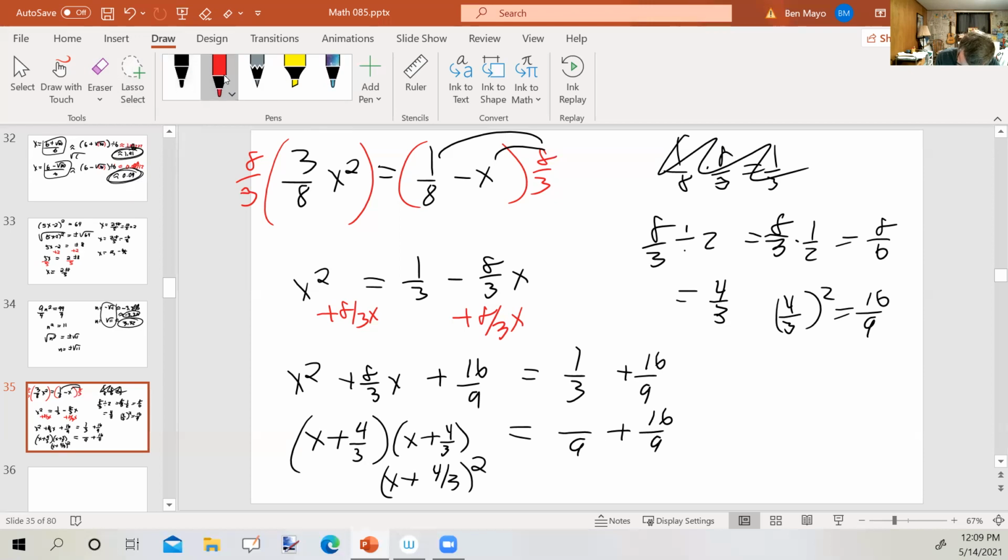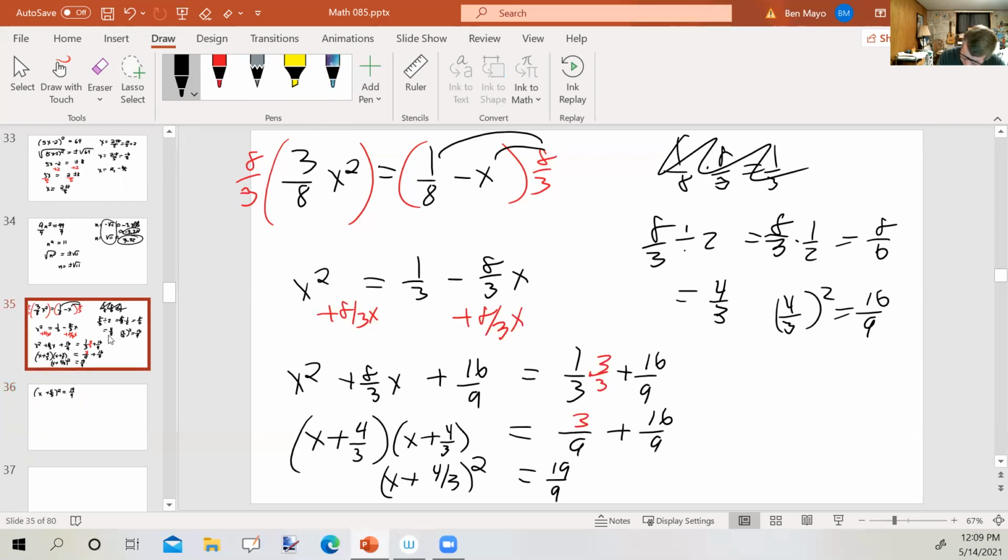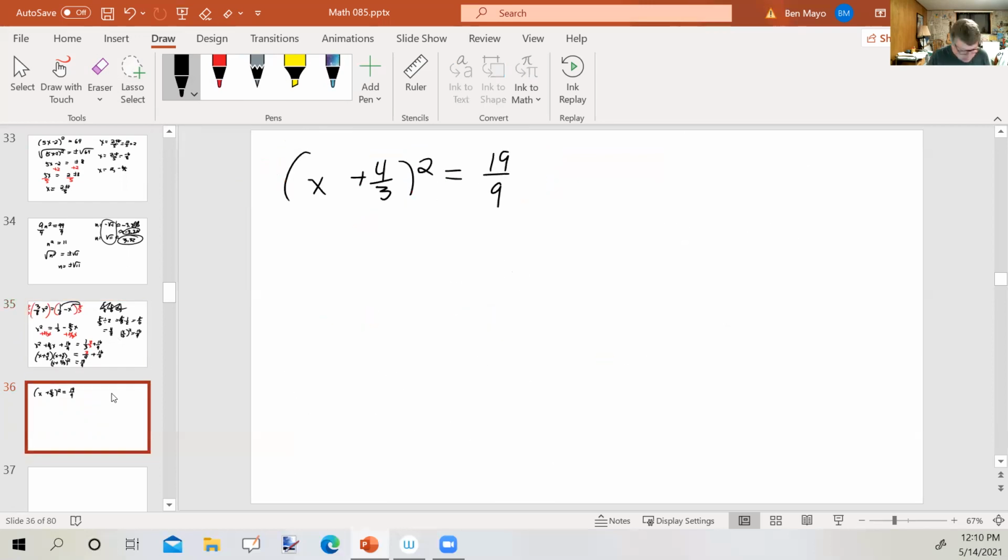So I'm going to multiply 1/3 by 3/3, which gives me 3/9 plus 16/9, which would be 19/9. So now I've got my square completed on the left and a constant on the right. I'm going to rewrite that on the next page. X plus 4/3, the quantity squared, equals 19/9. Is that correct? I think so. So now we've completed the square.